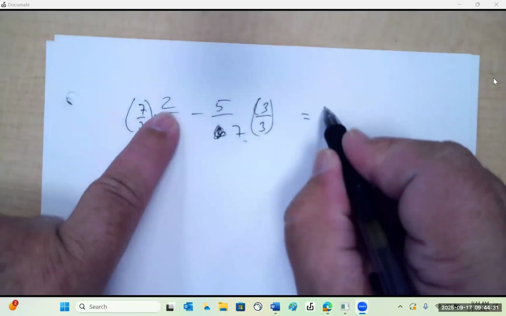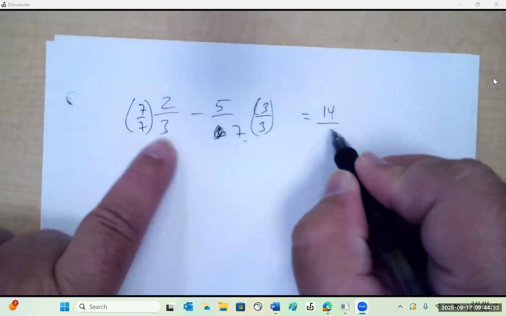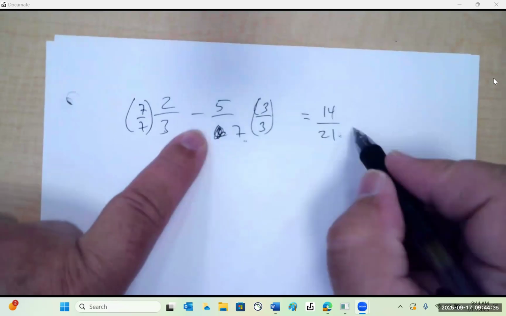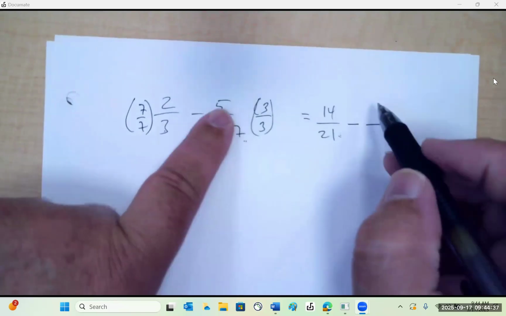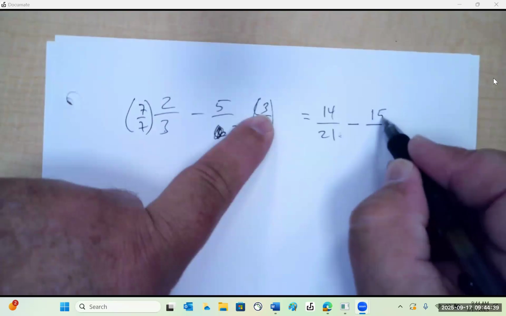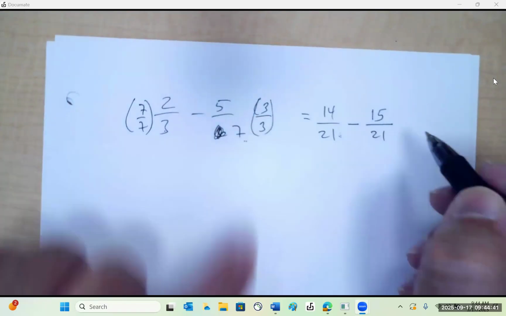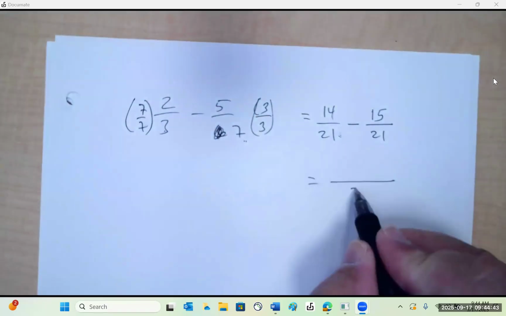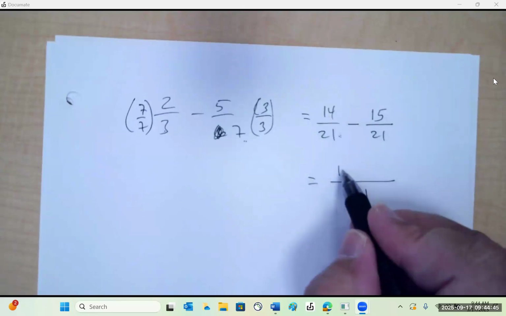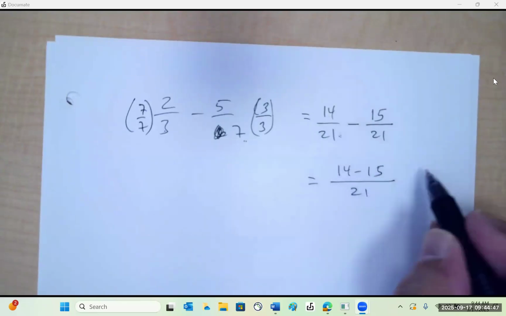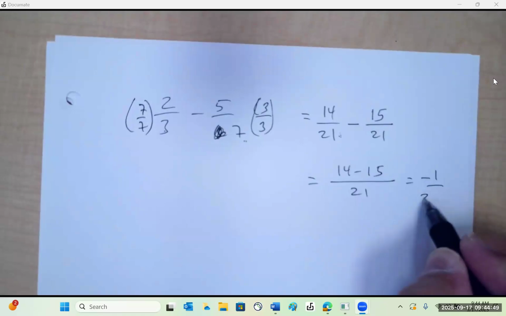7 times 2 is 14. 7 times 3 is 21. 5 times 3 is 15. 7 times 3 is 21. So on top we have 14 minus 15 is negative 1/21.